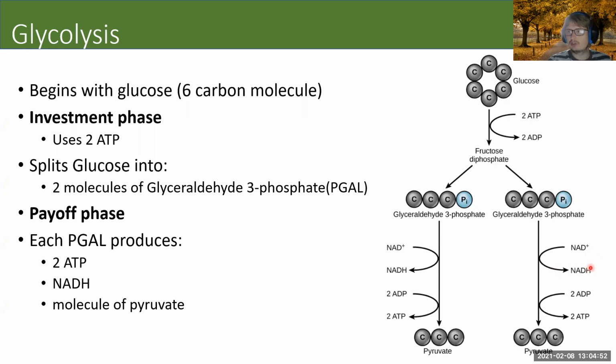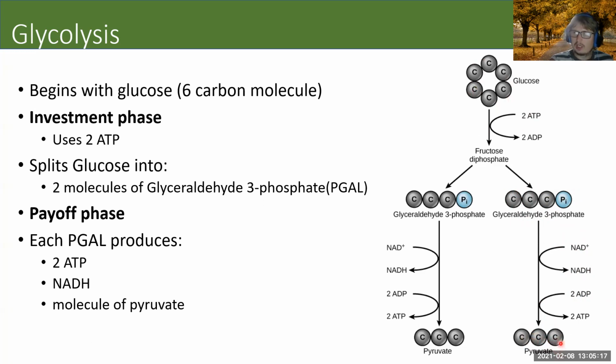And so we've used 2 ATP to break down glucose into 2 3-carbon molecules. Then those molecules make NADH, and we use 2 ATPs to go from this 3-carbon molecule with a phosphate group to a 3-carbon molecule without a phosphate group.